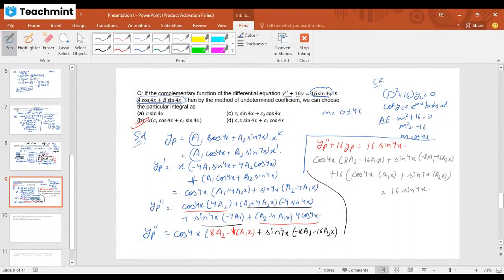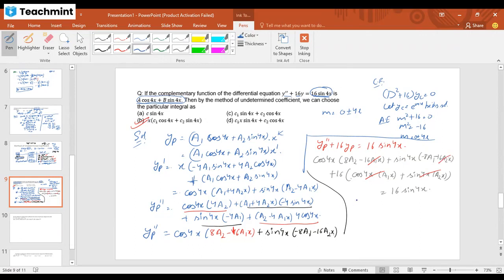You can see here in the right hand side there is no term containing x times something, and we have chosen the trial solution as x times this function. So it means that after solving, the left hand side and right hand side should be comparable. That means there should be no term in the left hand side containing x into cosine or x into sine function. Okay, so you can see here, this is minus 16a1x cos 4x, it cancels out with 16a1x, and here also it is 16a2x, 16a2x, it cancels out.